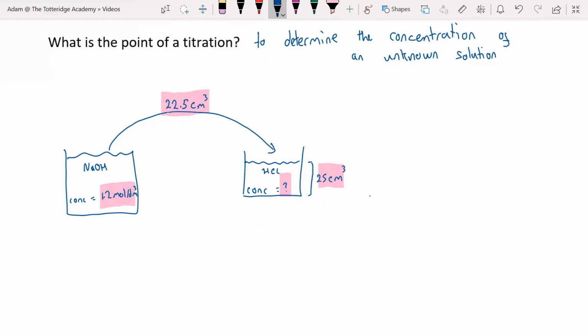There it is. Now, students tend to get stuck here because it can be quite a tangled process. But fortunately for you, I have an amazing method to teach you. And this method will help you work this out, whatever titration question you come across.